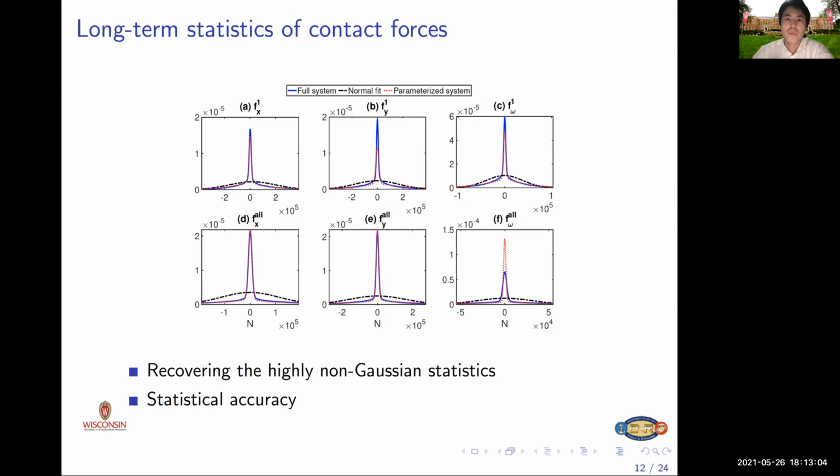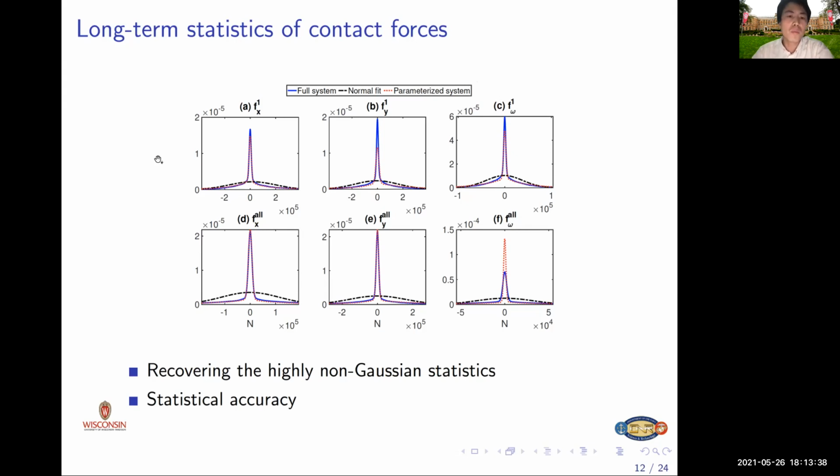So this is only a partial contribution to the contact forces. For example, the largest floe may have contact forces from the other large floes, and then there are contact forces from the small floes. So we only collect these contact forces from small floes for the floe system, and for the parameterized system, we collect these contact forces from the superfloes only, not from other large floes.